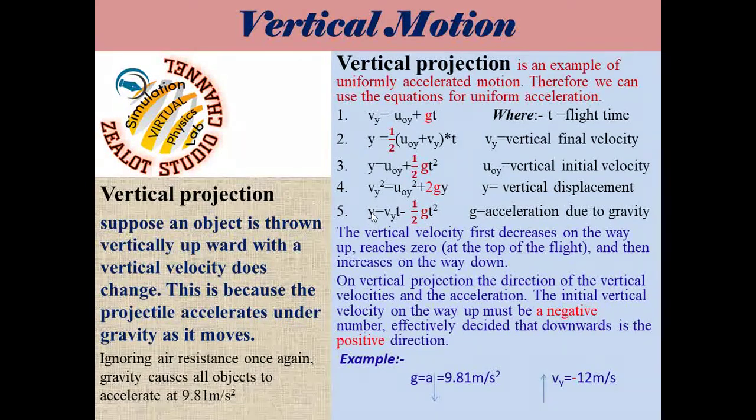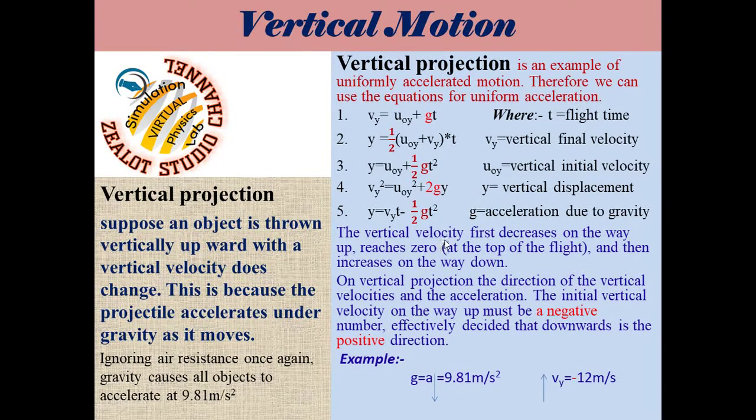And the last equation: the vertical displacement is equal to the final vertical velocity times t minus half of g t squared, where t means the flight time in the air, Vy means the vertical final velocity, v0y or u0y means the vertical initial velocity, y means the vertical displacement, and g is the acceleration due to gravity.